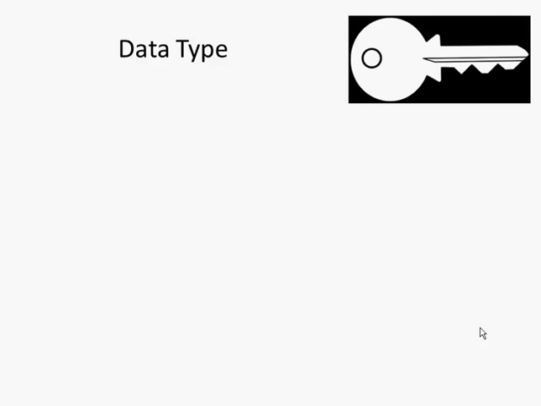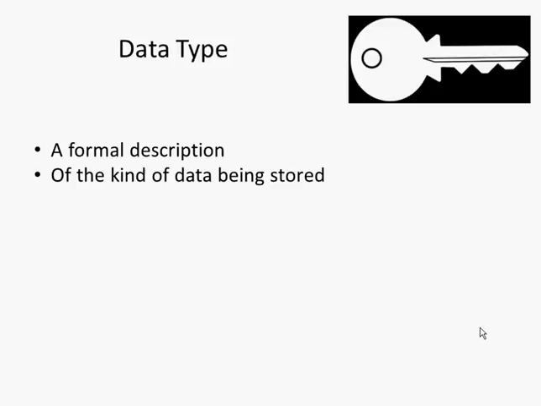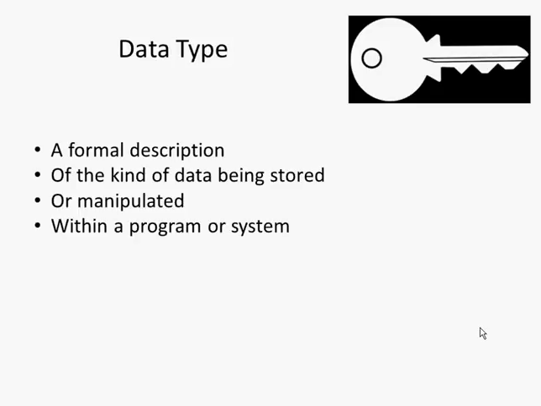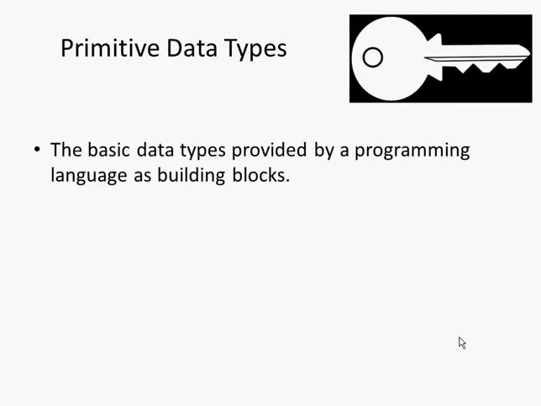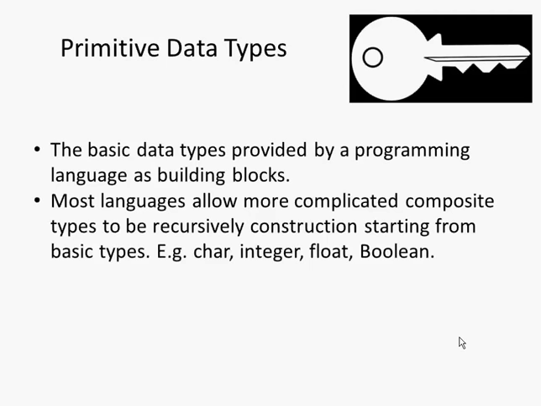Other key things for the exam might be a definition of data type itself. A data type is a formal description of the kind of data being stored or manipulated within a program or system. And then we could give some examples such as alphabetic or numeric data. Another interesting thing is to know about primitive data types. These are the basic data types provided by a programming language as building blocks.